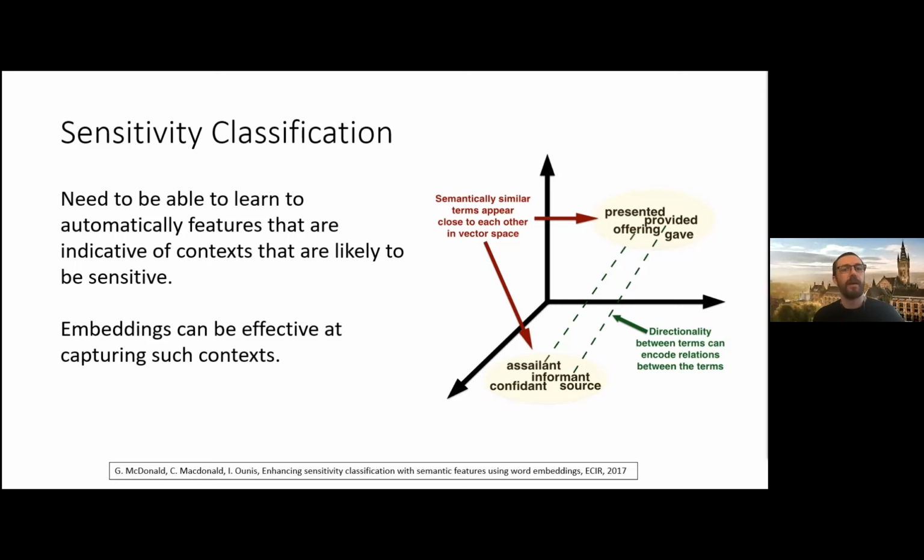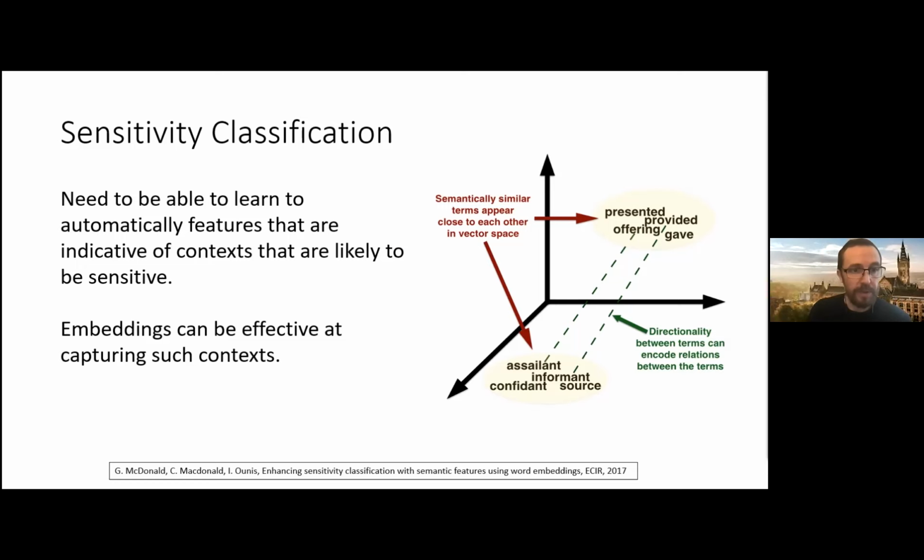But the main point is that within these embedding spaces, the positions of words can encode a lot of meaning or semantics about the relations between the words. That's what we're looking to give to the classifier, so that it can look at the statistics over the entire collection and pick out the relations that are likely to be indicators of sensitivity.